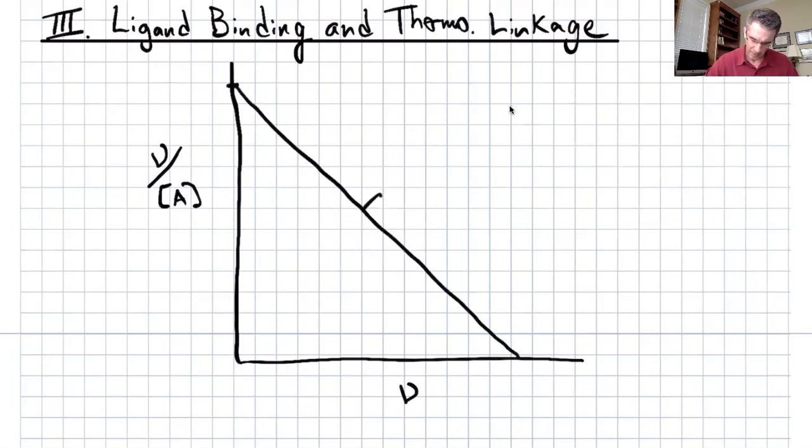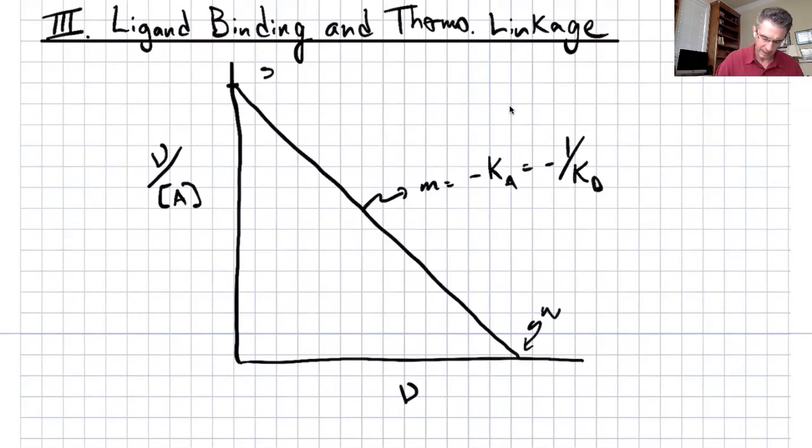Where that slope is, of course, equal to minus the association constant, or minus 1 over the dissociation constant, right? The binding stoichiometry, or N, is the intercept down here on the x-axis. And technically this intercept up here is N times the association constant, or N over the KD.